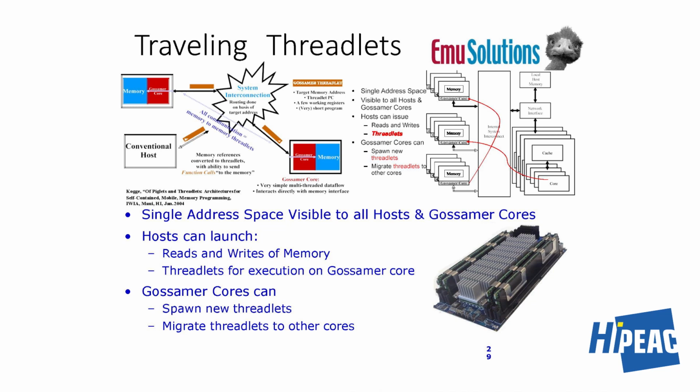So, if I were to pick 2 papers to read, I would pick this one, traveling threadlets, from the old 70s and 90s, and the TerraSys paper. These are my 2 favorite papers to read from the very old PIM papers. Fun to read. You would enjoy reading them, whether they're practical or not. And that's it. I won't be able to finish all the lecture deck today, but I'll just leave you with traveling threadlets.